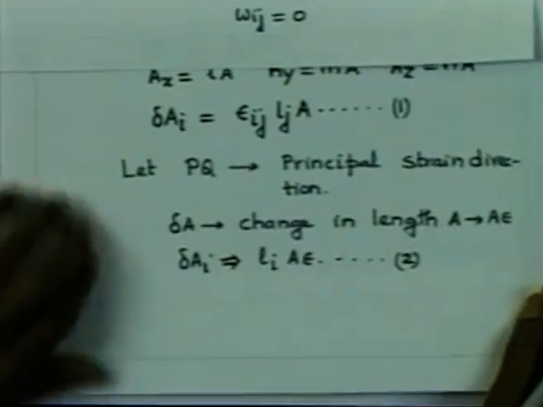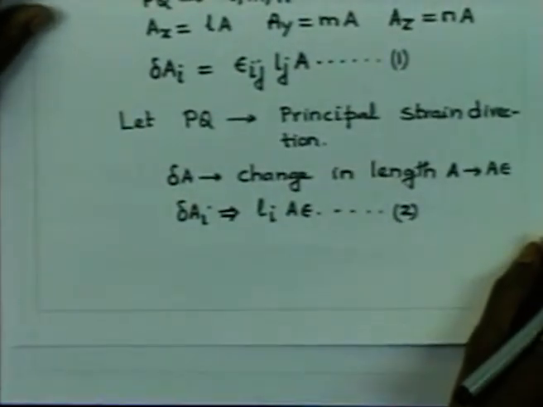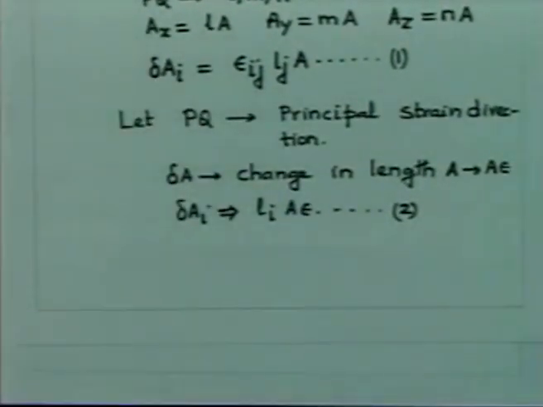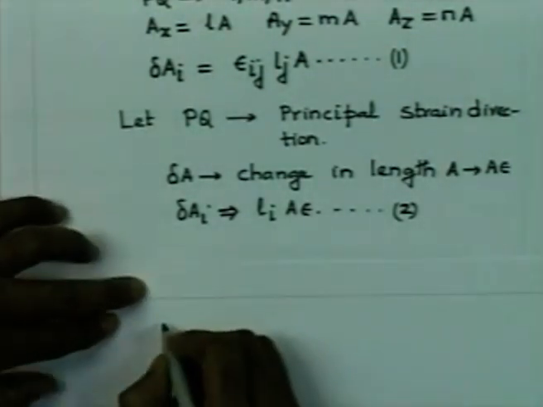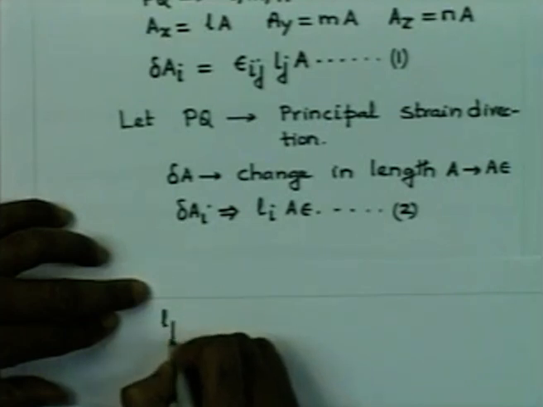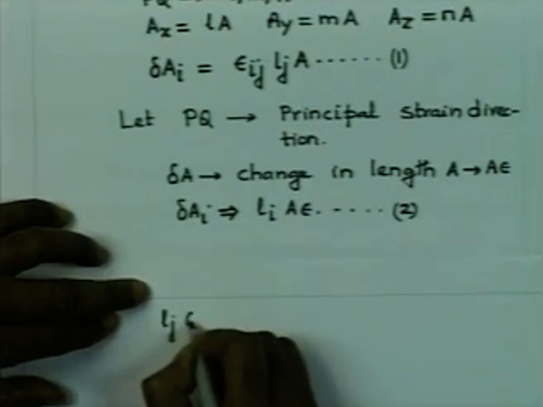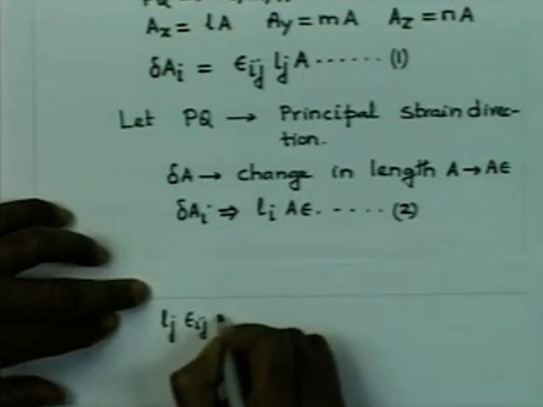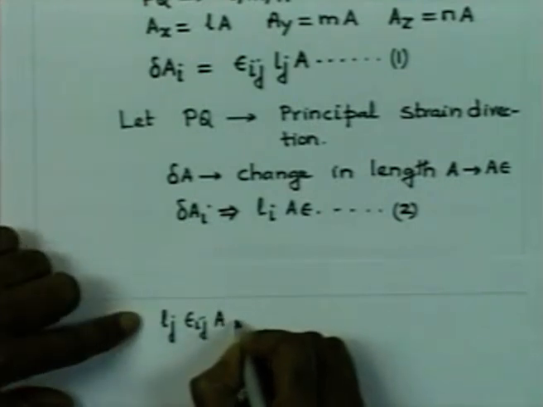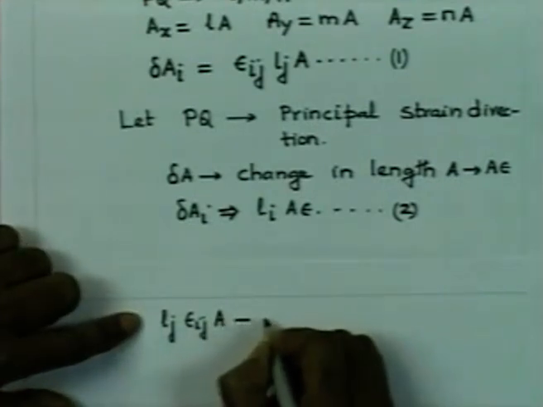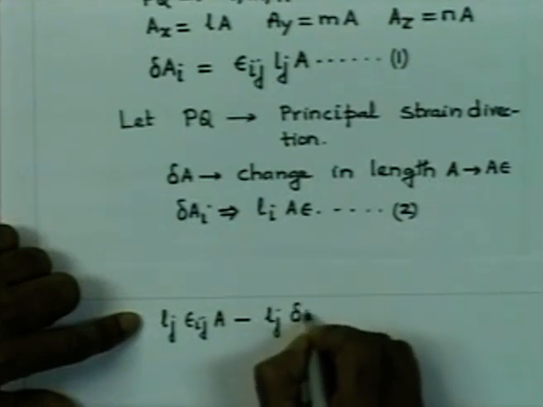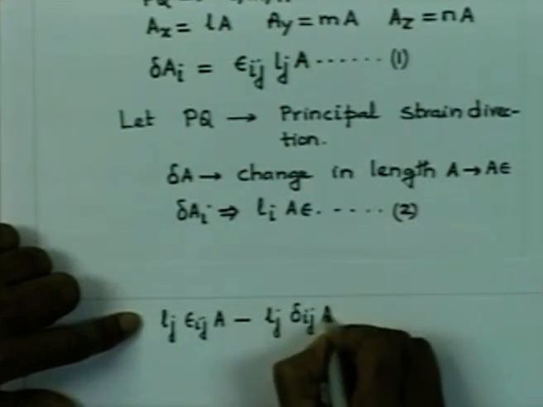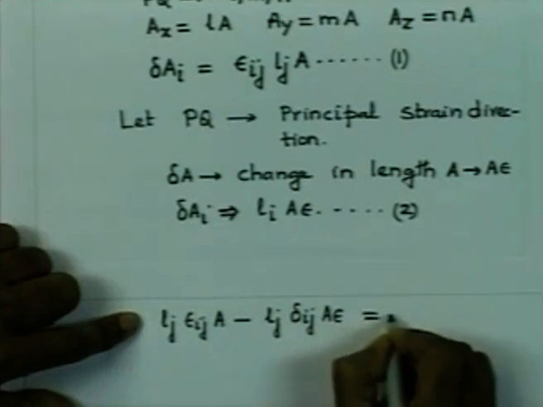Now, you can combine these two relations and you will get L j epsilon ij A minus L j delta ij A epsilon is equal to 0.